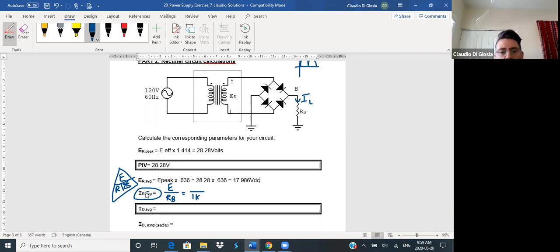Well, it depends on which I am asking for. Since I want I average, I'm going to use E average. So I'm going to put in the 17.986 volts DC divided by 1,000, which is going to give me 17.986 milliamps DC.